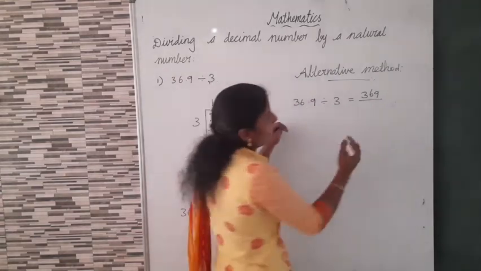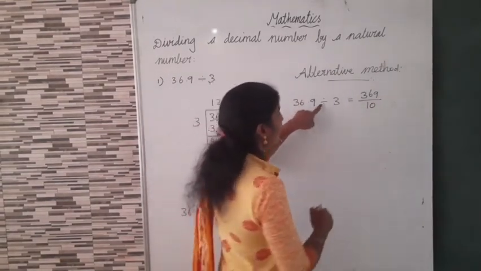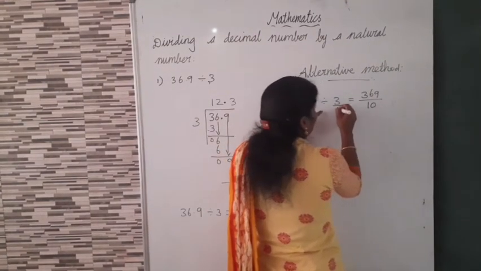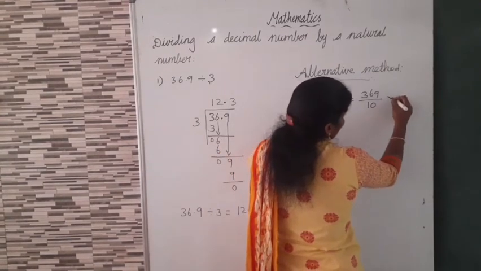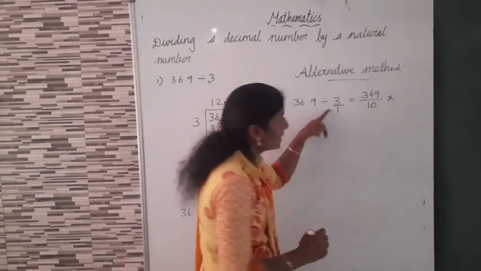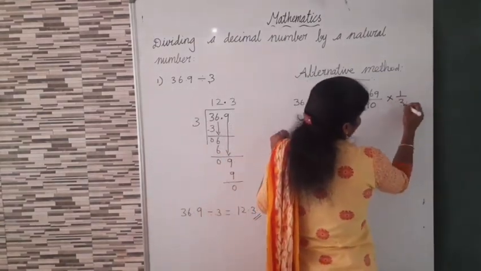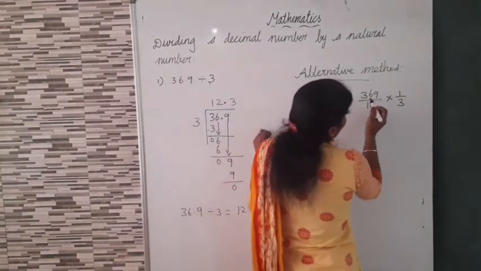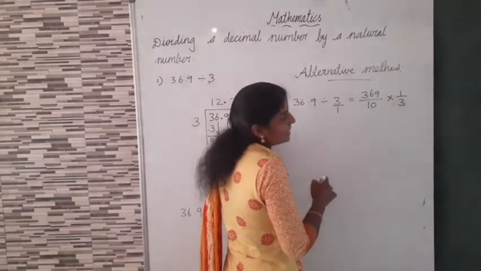So we can write here divided by 10. Isn't it? Now here divided by 3 by 1, we can change the symbol into multiplication. So we write the reciprocal of 3 by 1. So 1 by 3. Clear? Okay. Now we can use the 3 table and write in simplest form.